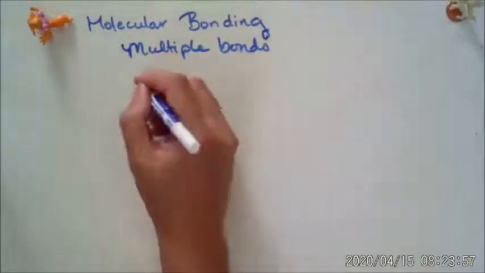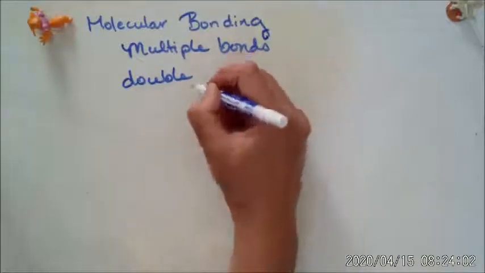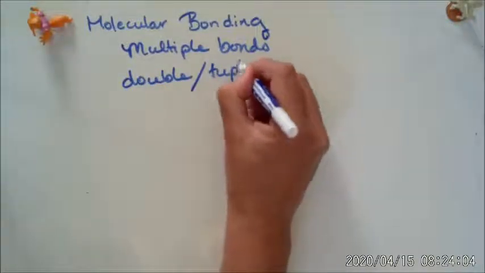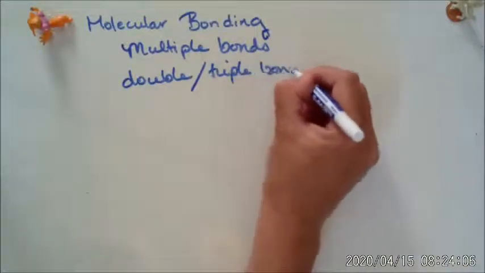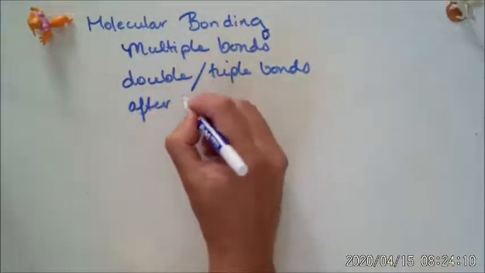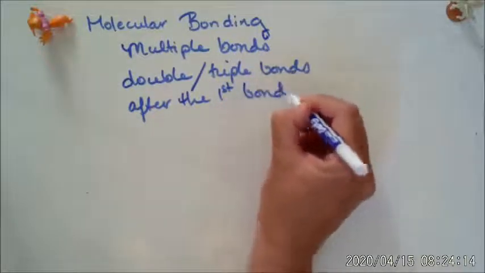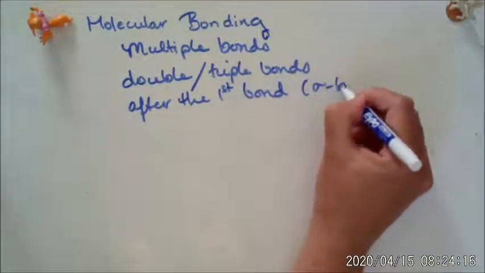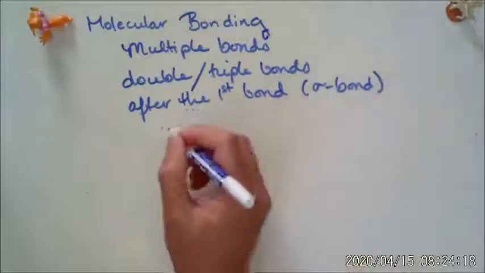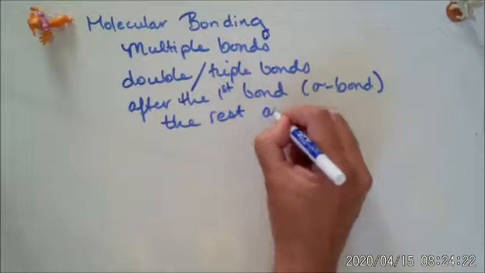It turns out your double bonds and your triple bonds, after the first bond, which we know now is a sigma bond, the rest are pi bonds.